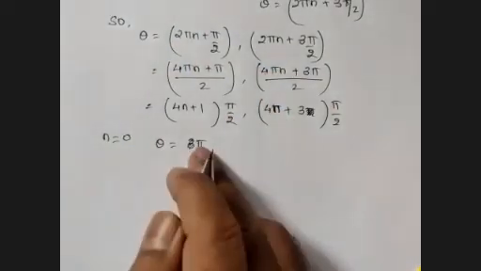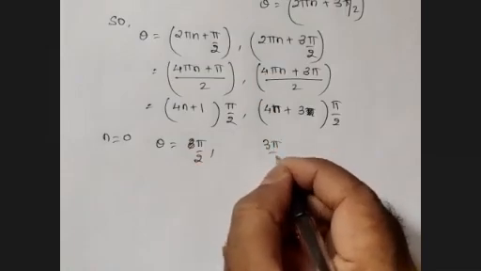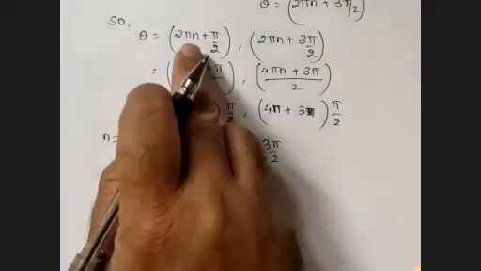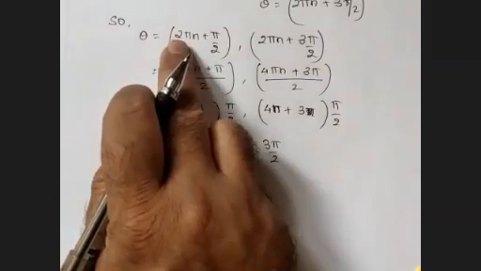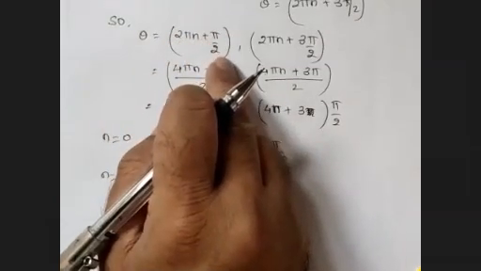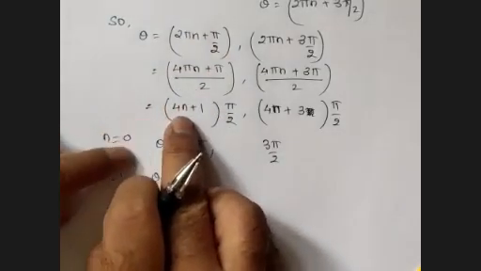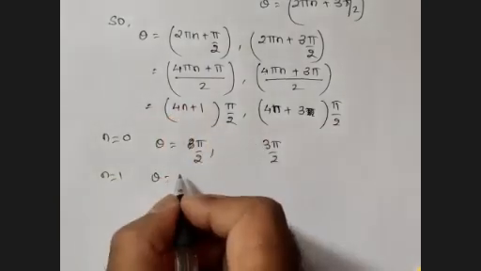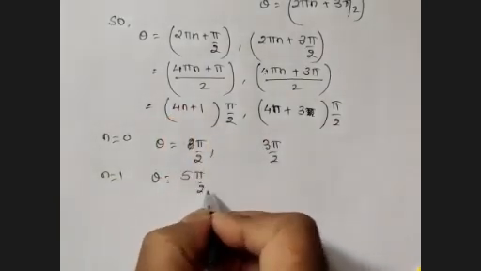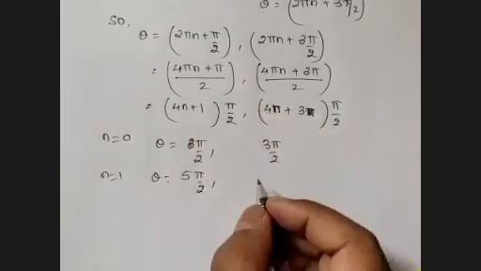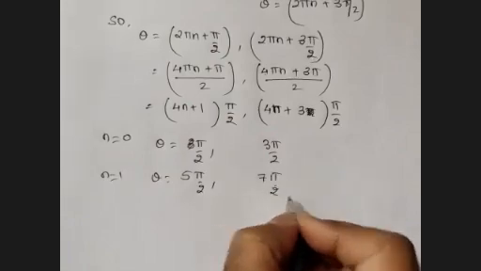So we have pi by 2 and 3 pi by 2. If n is equal to 1, then 4 ones are 4 plus 1, it will become 5 pi by 2. If n is equal to 1, it becomes 4 ones are 4 plus 3, it becomes 7 pi by 2.